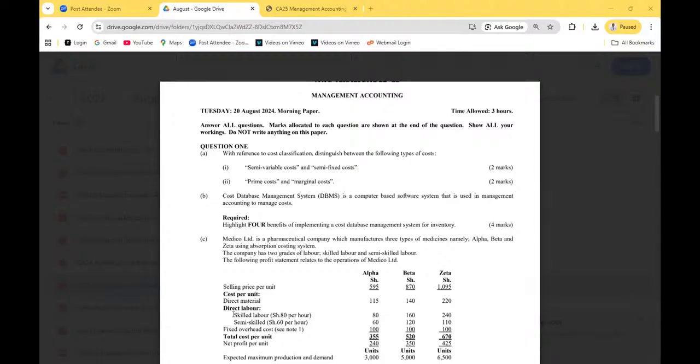Okay. How about semi-fixed? Semi-fixed, what do we have with regards to semi-fixed? Semi-fixed.